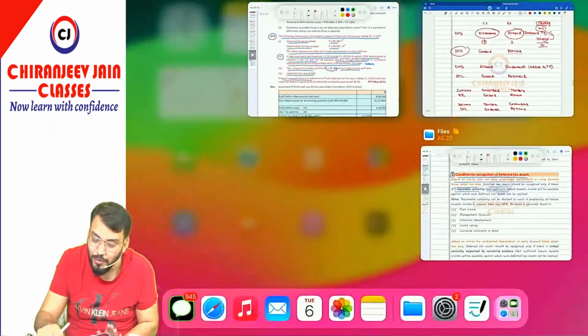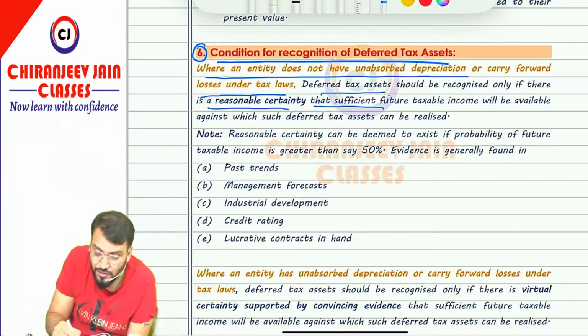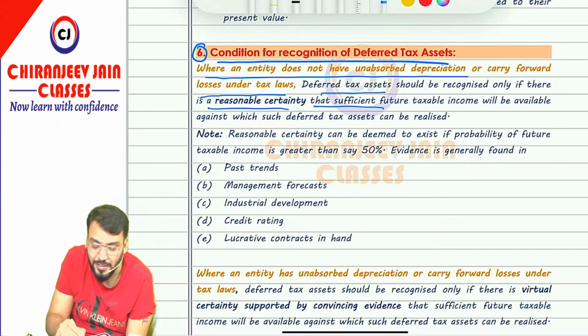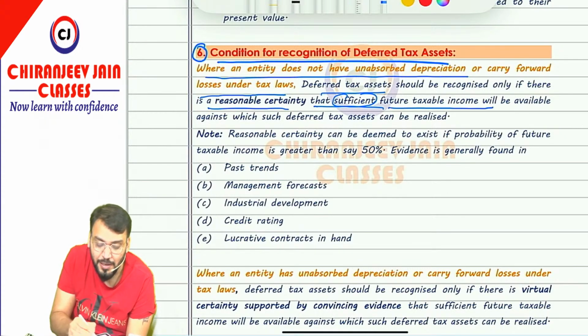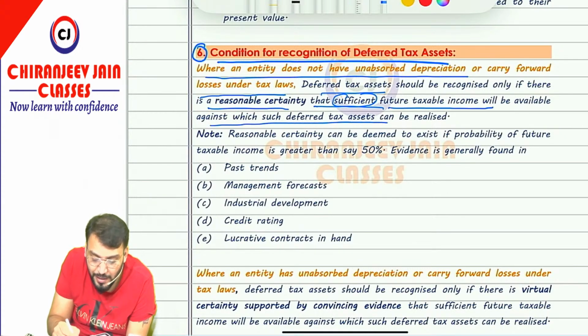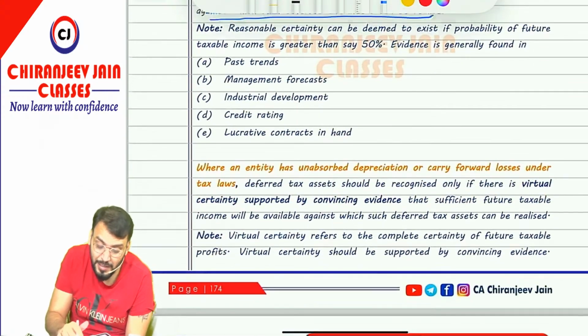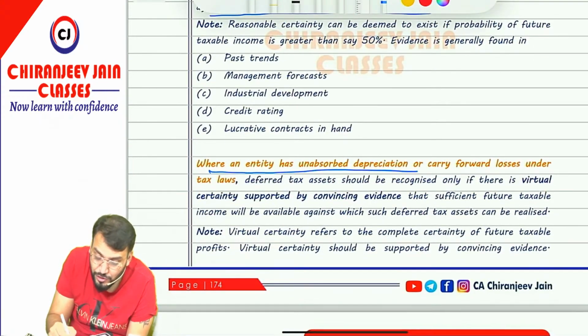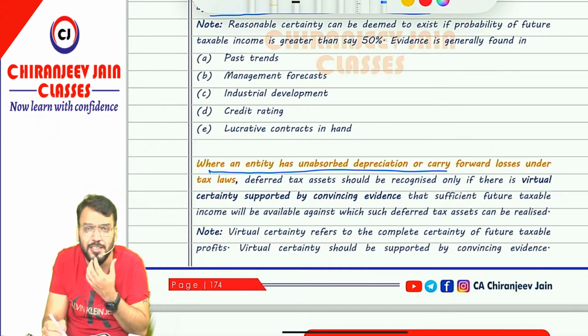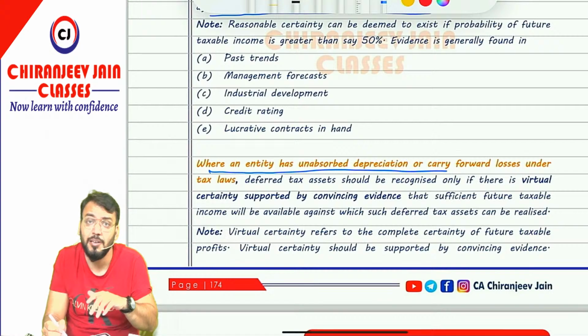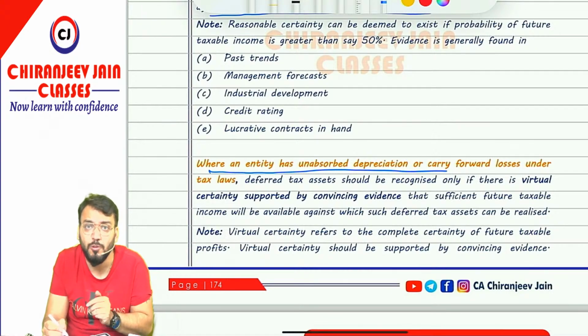Understood what they want to say? This is an important para: DTA should be recognized only if there is a reasonable certainty that sufficient future taxable profit will be available against which such DTA can be realized. However, when the entity has unabsorbed depreciation or carry forward losses under tax law, suppose you have tax losses, then there is a doubt about whether taxable profit will be available in future.